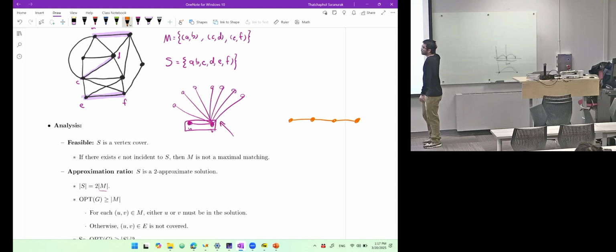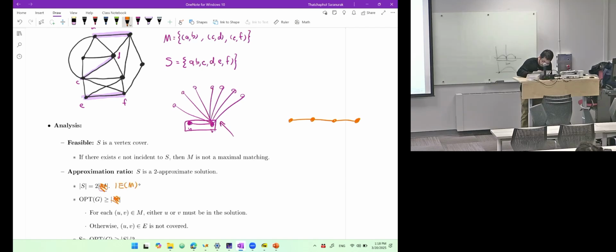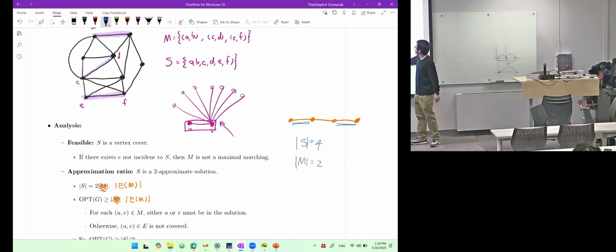I think I have a misunderstanding. Maybe I need to make it clear. This is the number of edges in M, right? So your matching can be like this, and in this case your solution would be of size 4. But the matching size here is 2. The matching is just 2 edges.